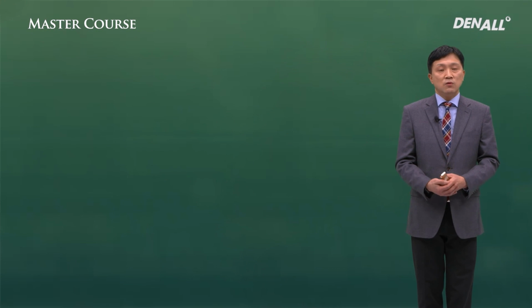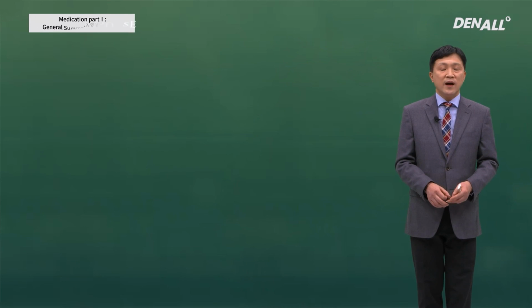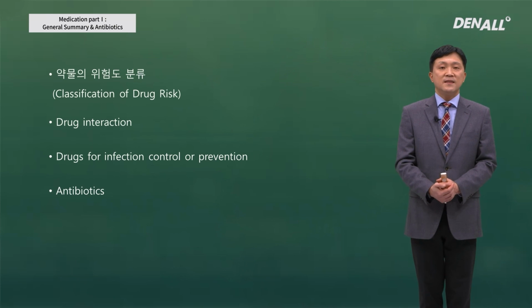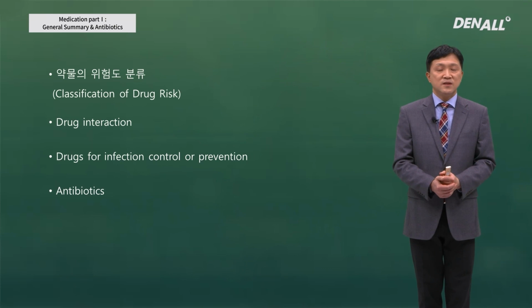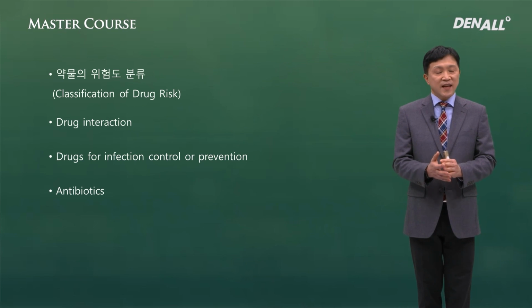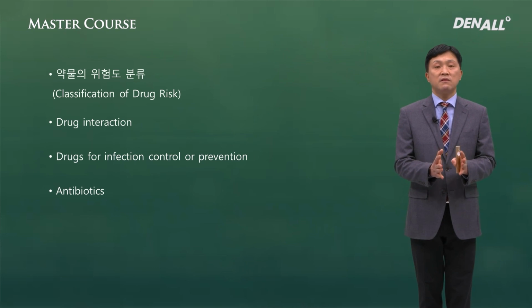I have been talking about the general summary of medications and antibiotics. More detailed information will be provided in a training course. As I said before, you should not prescribe just one kind of antibiotic regardless of the severity of a disease.